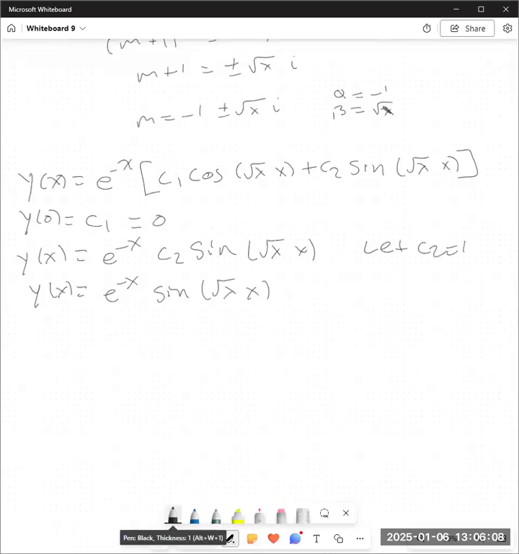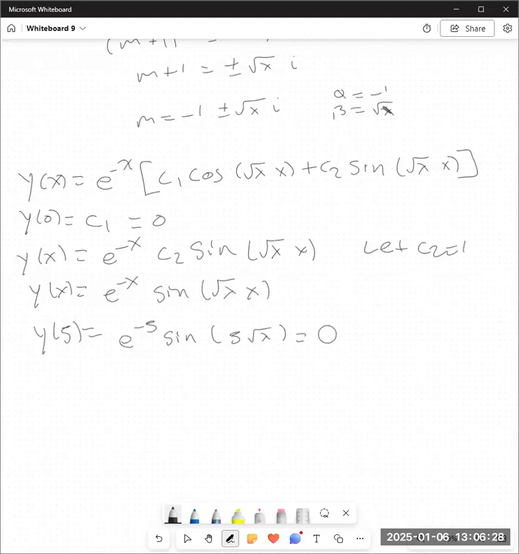Then we have y of 5 is going to be e to the negative 5th sine of root lambda times 5. So I'll call that 5 root lambda, and that needs to be equal to 0. E to the negative 5th is not 0. I can get rid of that. This is sine 5 root lambda is equal to 0. So 5 root lambda is equal to n pi. Root lambda is equal to n pi over 5.